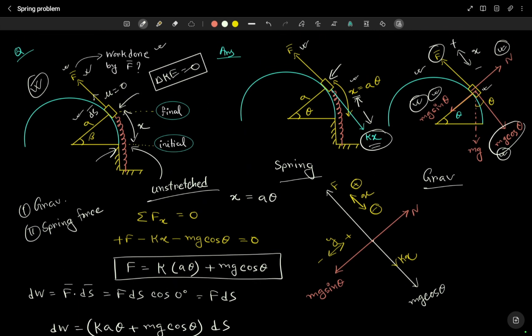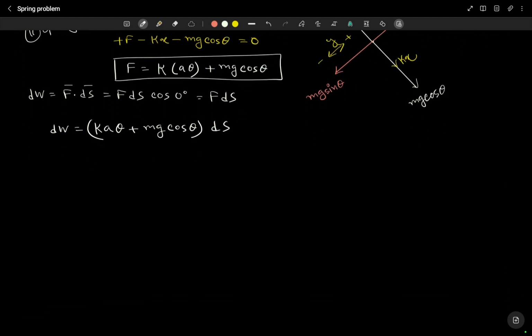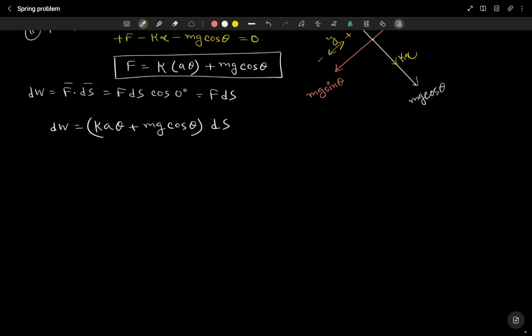Okay, so we can draw another picture. This is the portion of the circle and this is the box, let's say.